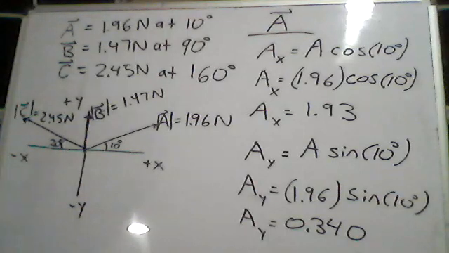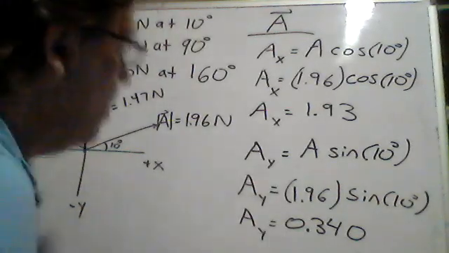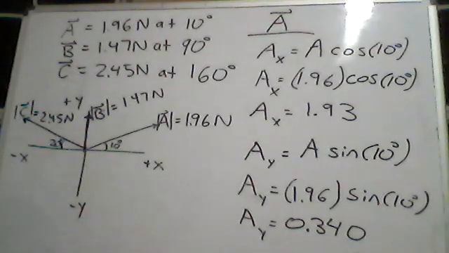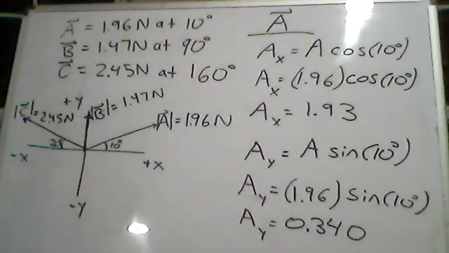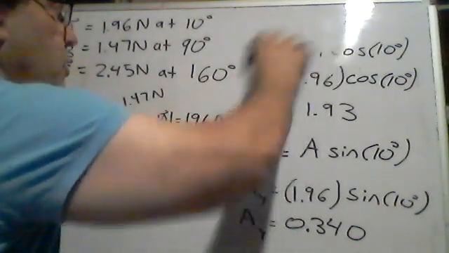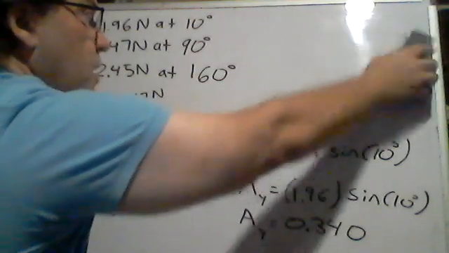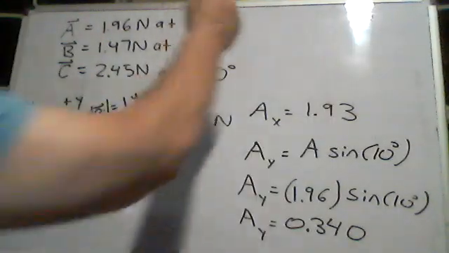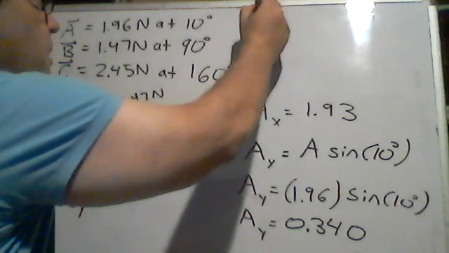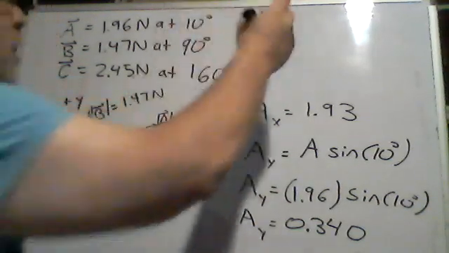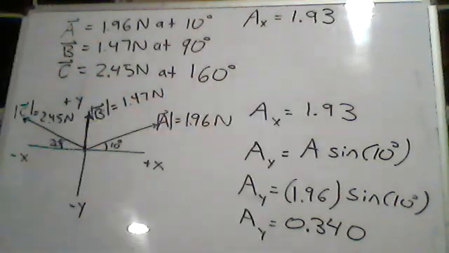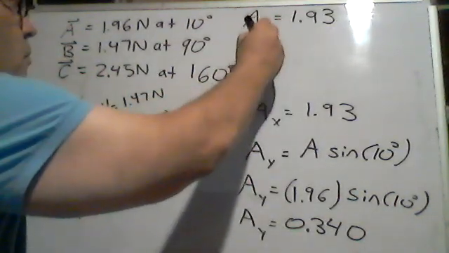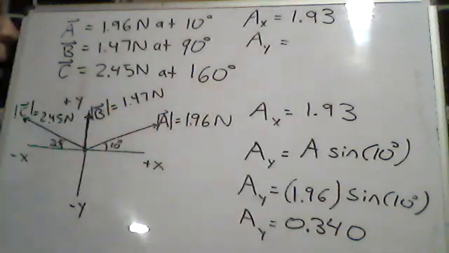And again, it's mostly x component and not too much y component. But let's remember these. So I'm going to write these up. I have limited whiteboard space, so I try to conserve real estate the best I can. So I'm going to write it up here. A sub x is 1.93. And A sub y is 0.34.